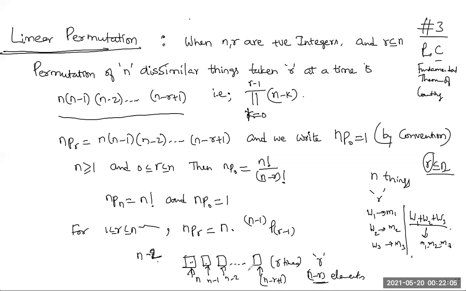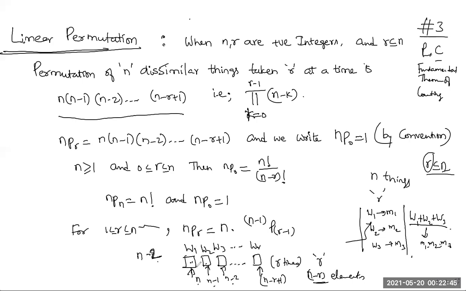Okay, so if we saw the fundamental theorem of counting, there were three works. There were three different ways of doing them: m1, m2, m3. So if we were to do all the works one after the other, the number of ways of doing them will be m1 into m2 into m3. So if we applied the same principle here, suppose we considered filling the box 1 to be w1, filling the box 2 to be w2, filling the box 3 to be w3, and so on, filling the box r to be wr. Okay, so individual ways of doing them are n, n minus 1, n minus 2, and so on, n minus r plus 1.